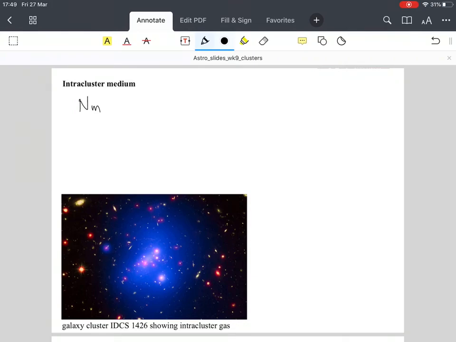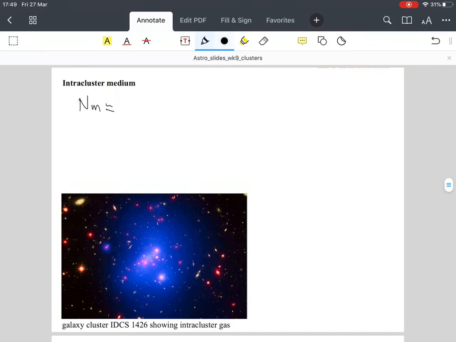So m is basically the average mass. And now what we're going to say is that since the electron mass is much smaller, over 1,000 times smaller than the proton mass, we can approximate all of the mass being in the protons.